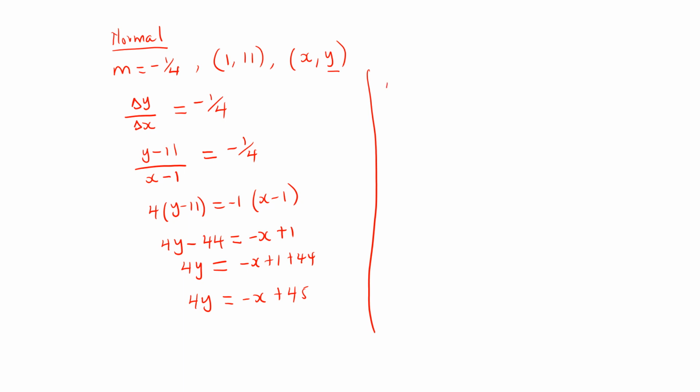To express it in the form y is equals to mx plus c, we can divide both sides by 4, which will give us y is equals to minus x over 4 plus 45 divided by 4 as the equation of the normal to the curve.